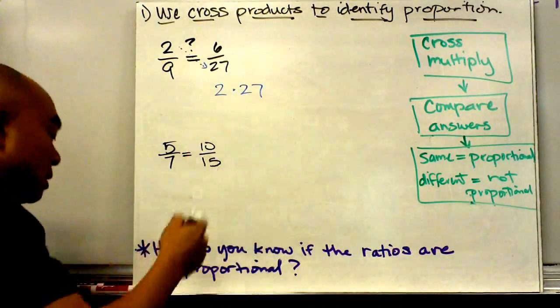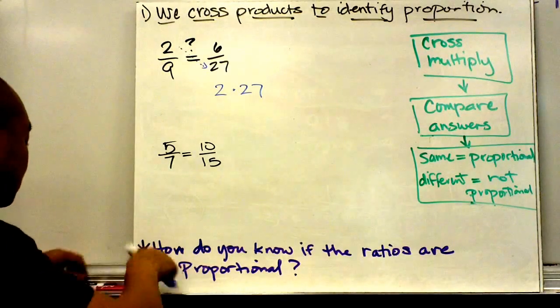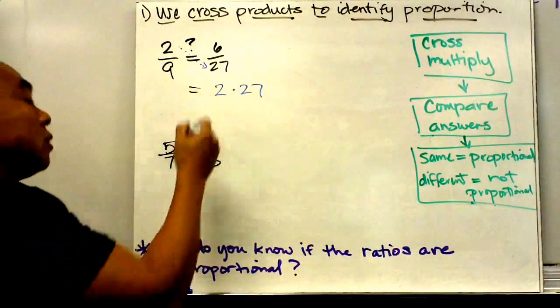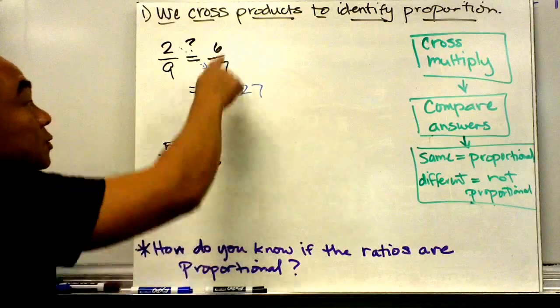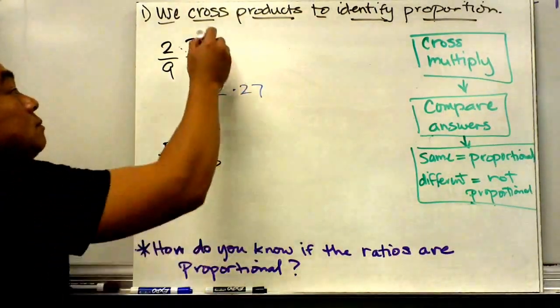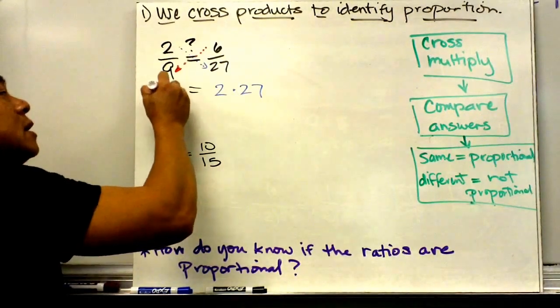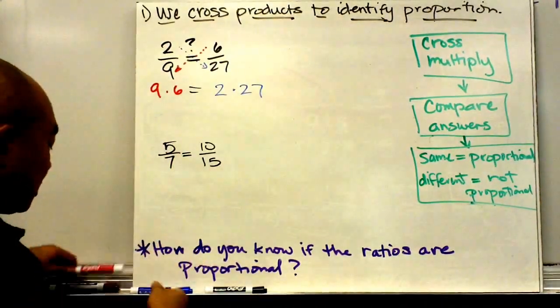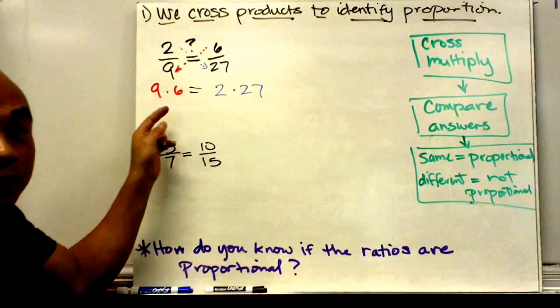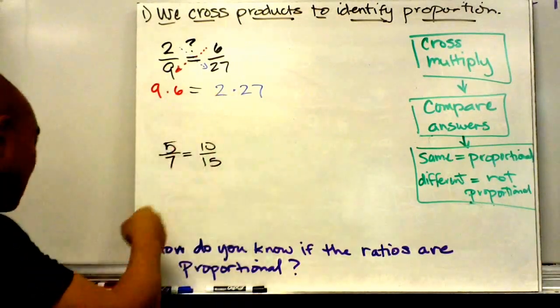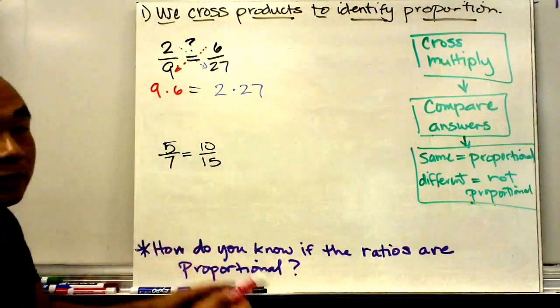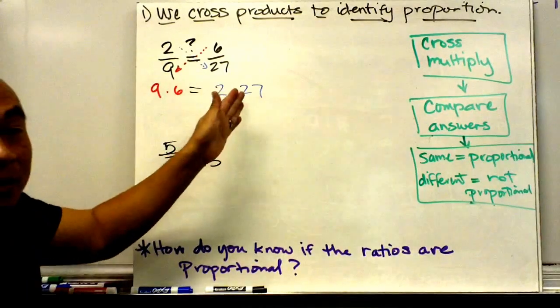Product means to multiply. And then I'm going to cross product this way, and that's going to be 9 times 6. It really doesn't matter if you have them backwards or forwards, so you can switch them. But at this point, this is your basic setup of a proportion.